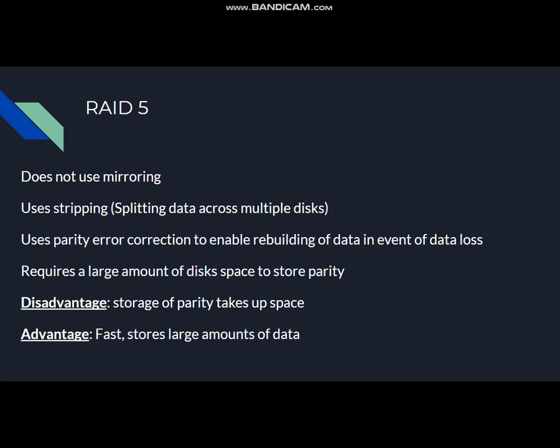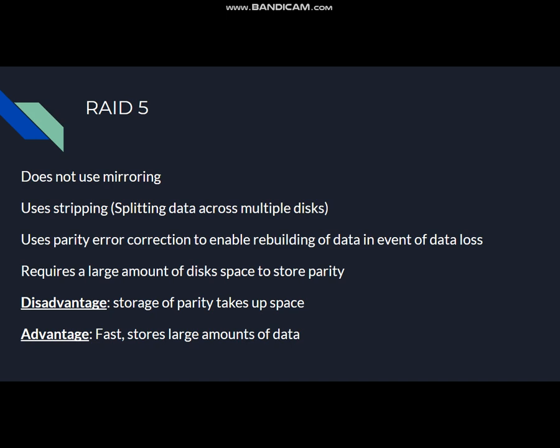Okay, because we have something known as a parity error correction, which helps us to be able to rebuild the data in the event of a data loss. So parity bits is the idea of adding one additional bit to your data, and when we say bit here, we're talking about bytes of storage. So we add in an additional bit, and that additional bit helps us to be able to recover our data should it get lost.